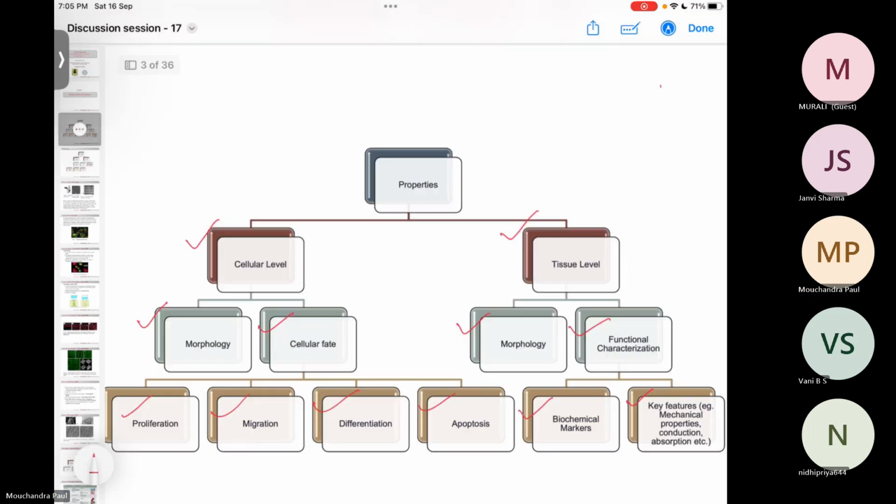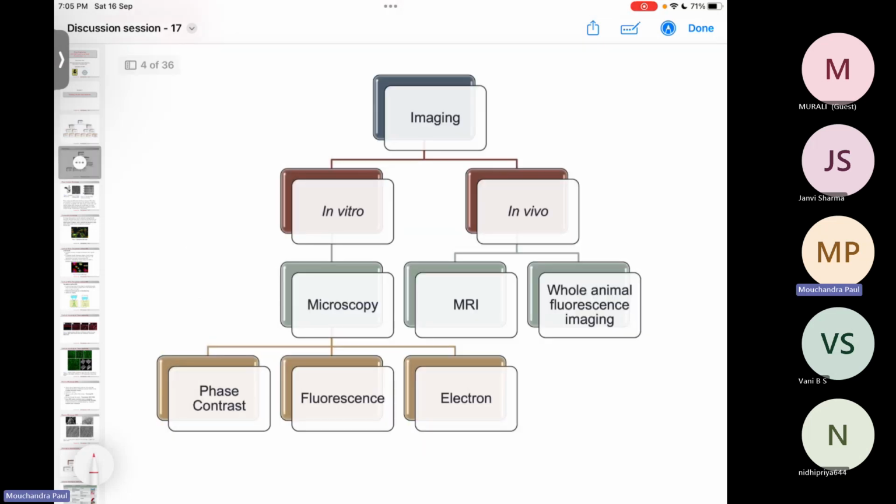so when you look at these tissue level and cell level properties, a very important technique is microscopy, using various kinds of microscopes, which is very helpful. We can do microscopy at the in vitro level, where the cells are grown outside the body in culture flasks, etc. Or we can observe the cells or tissue function inside the body, that is in vivo.